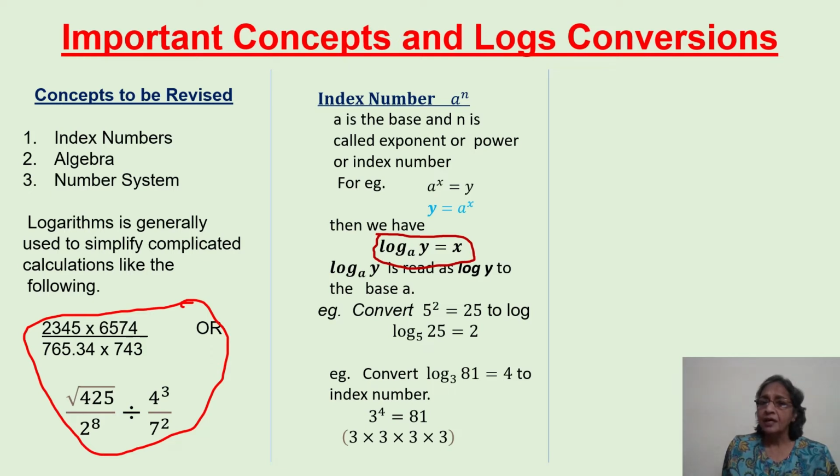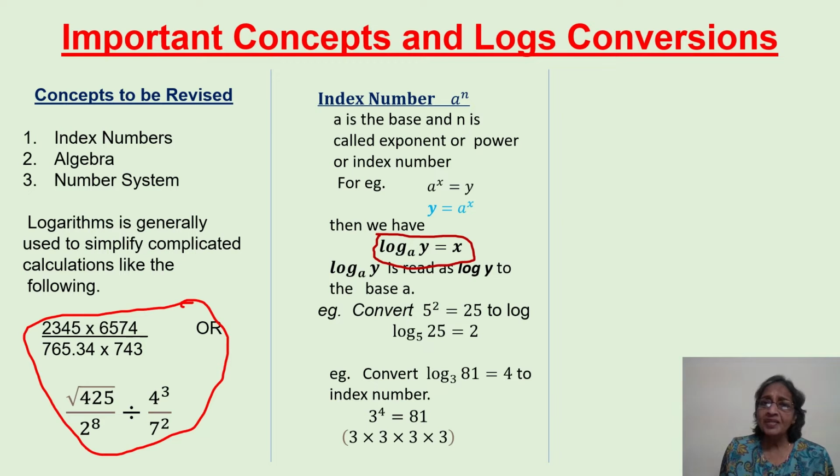The base of the log becomes the base for the index number. So this answer comes to 3 raised to 4 is equal to 81. And you all know that 3 raised to 4 is nothing but 3 into 3 into 3 into 3.